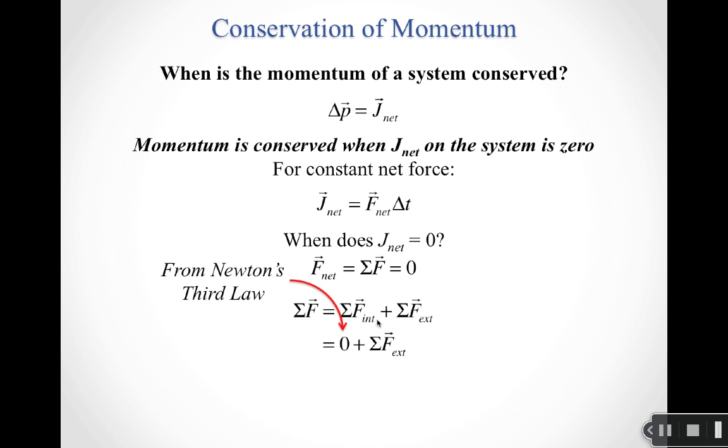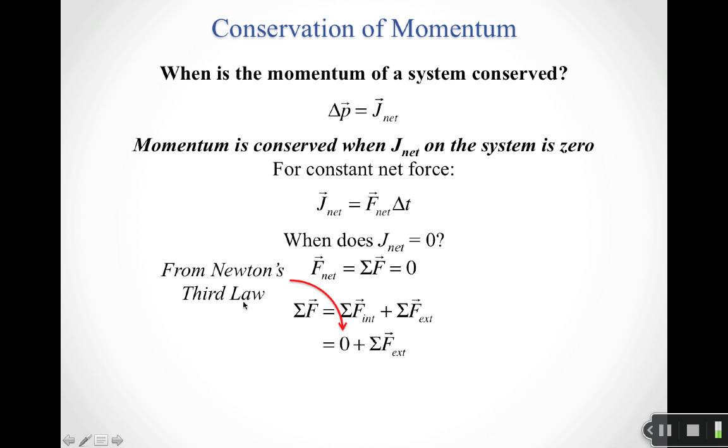For every force there's a paired force, equal in magnitude, opposite in direction, the same type of force, but with the object causing the force and the object feeling the force switched. That means that for every internal force, there is a pair that is equal in magnitude and opposite in direction. And so when you add them up, the vector sum is always going to be 0.